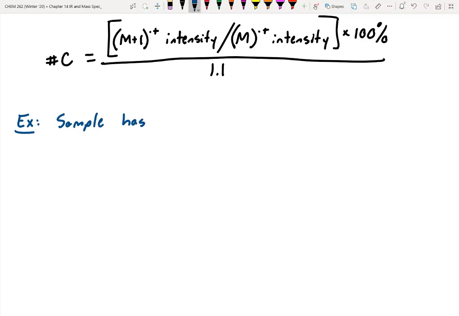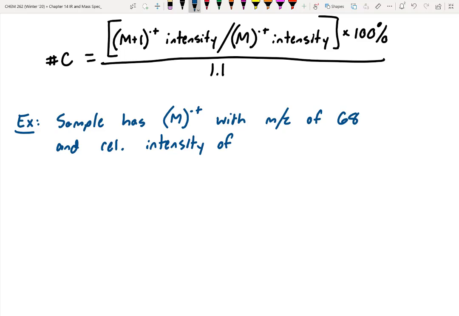So this sample that we're looking at has a mass to charge ratio of 68, and a relative intensity of 100%.